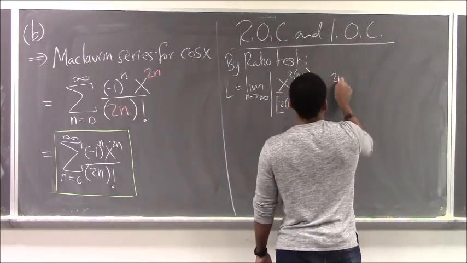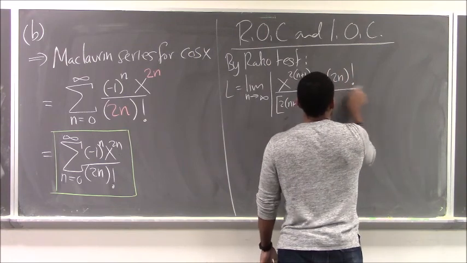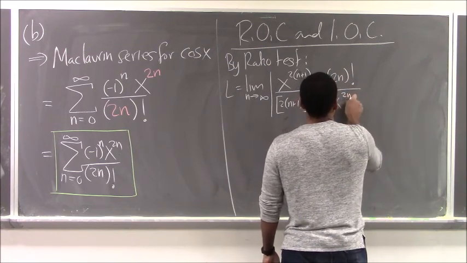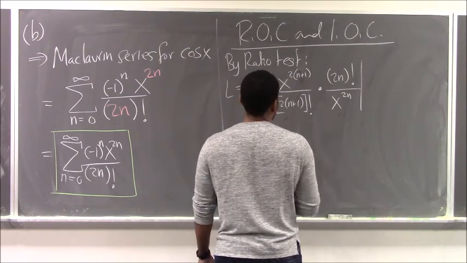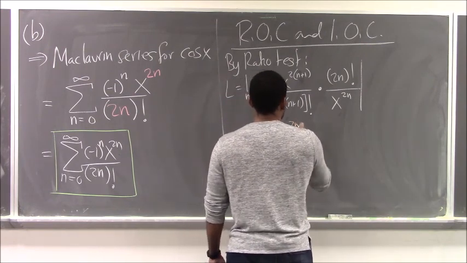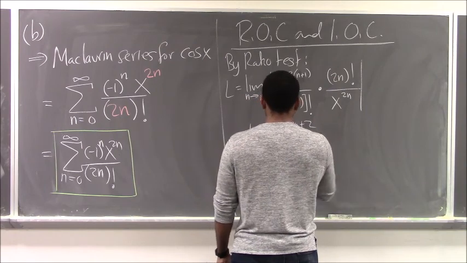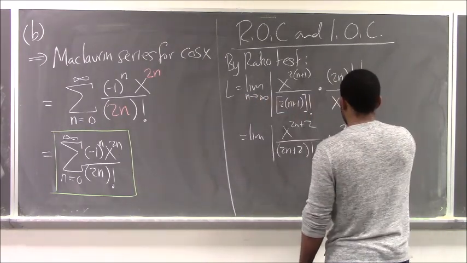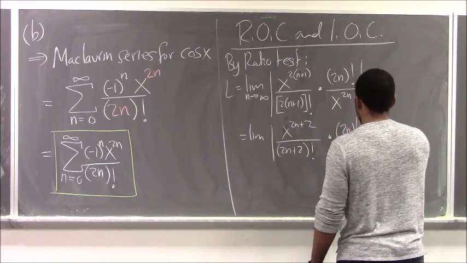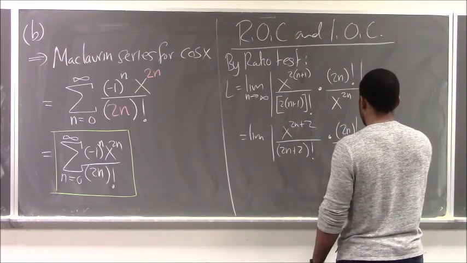So this is 2n factorial over x to the 2n. Now, let me clean that up a little bit so you can see. This here is x to the 2n plus 2 over 2n plus 2 factorial times 2n factorial over x to the 2n.